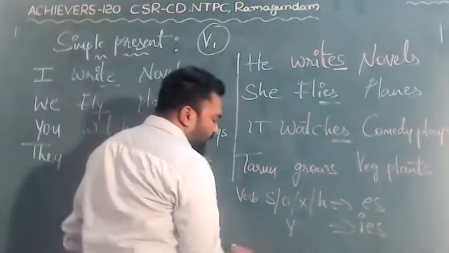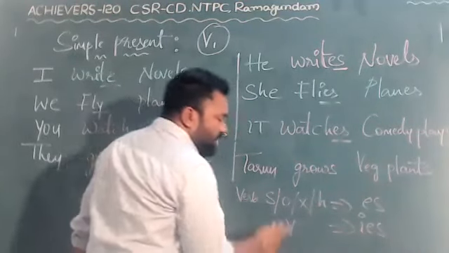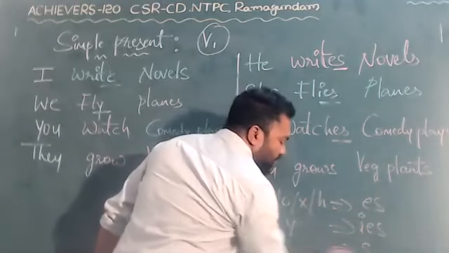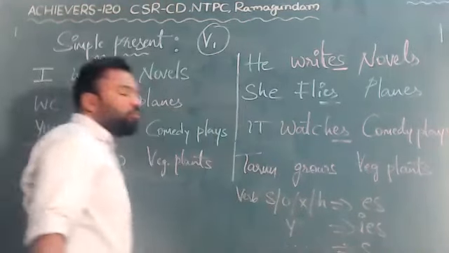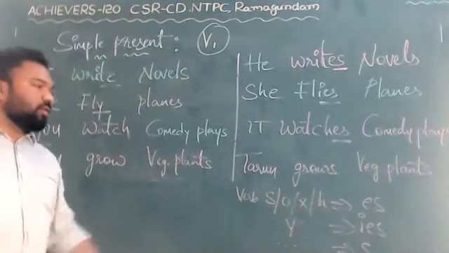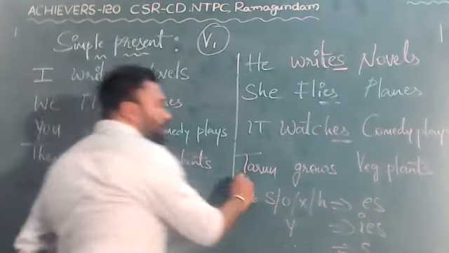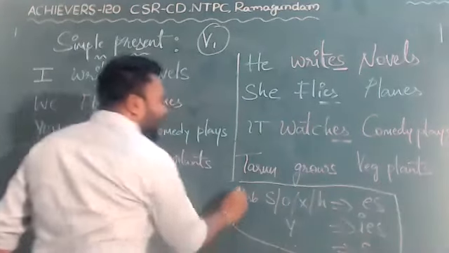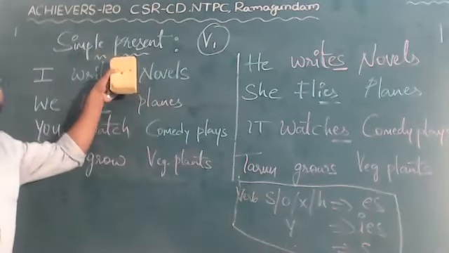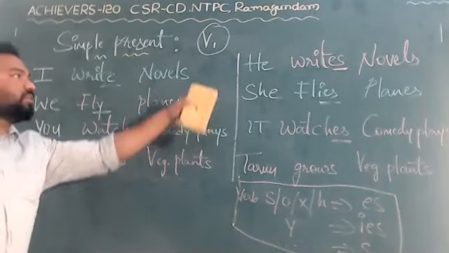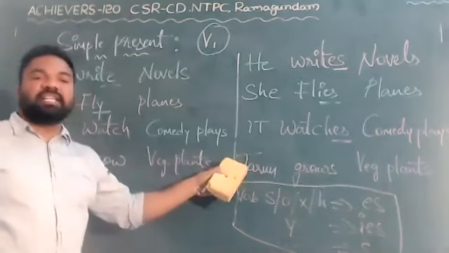And if it's not s, o, x, h, or y, other than that, we have to add what? s. You know that, right? This is a rule applicable only in the tense simple present. In the simple present, we make changes for the subjects he, she, it, Tharun.